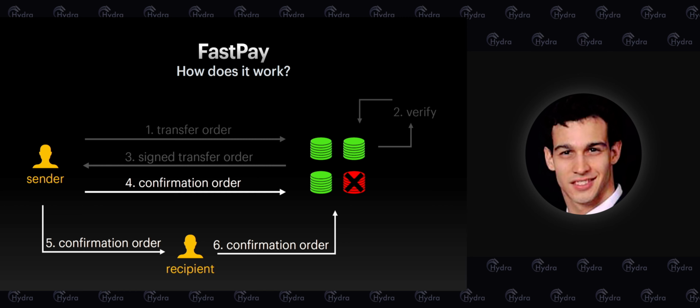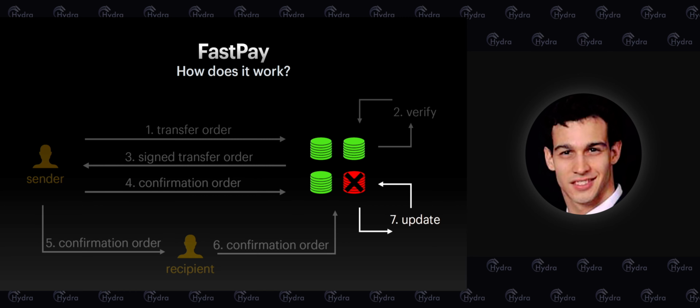Step 5 is specifically useful when you try to buy a good at a shop, where you simply need to show the confirmation order to your merchant, which then can give you the good, and at any point later, broadcast the message to the nodes. In the last step, the nodes verify that the confirmation order is signed by enough nodes, so 2f plus 1 nodes, and just update the balance of the sender and the recipient, and update the sequence number that comes with transactions as well.